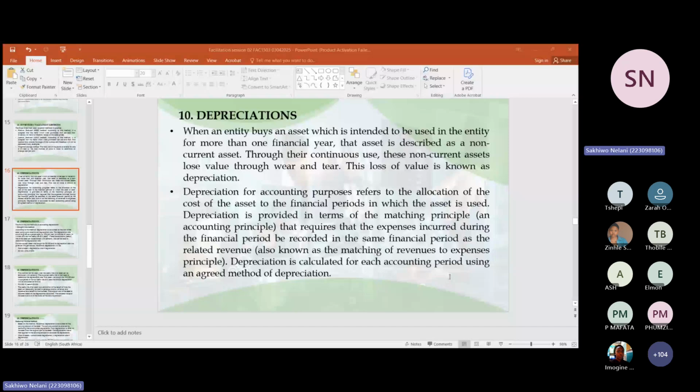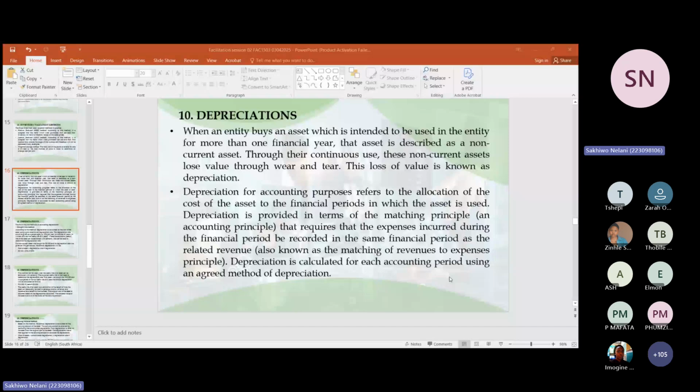But we classify that loss in value as depreciation, and depreciation is treated as an expense for business purposes.